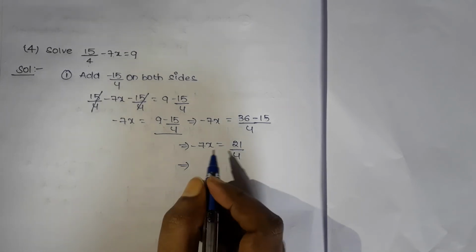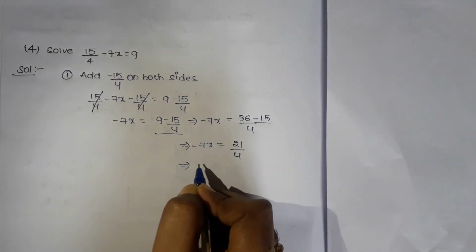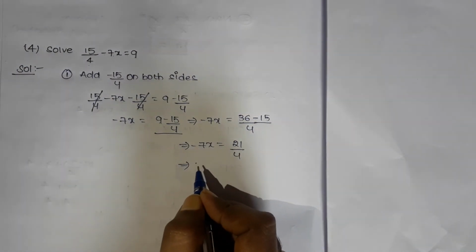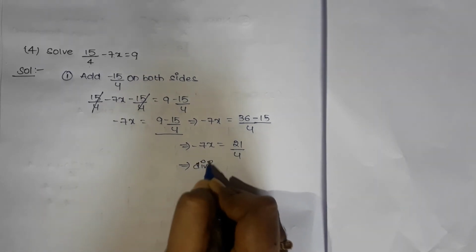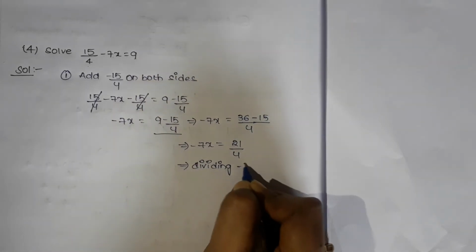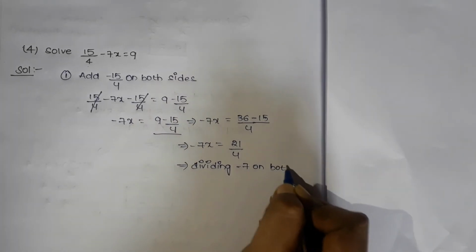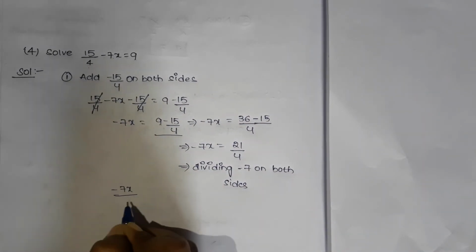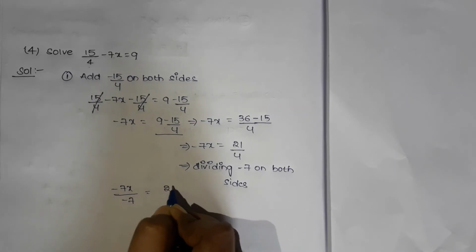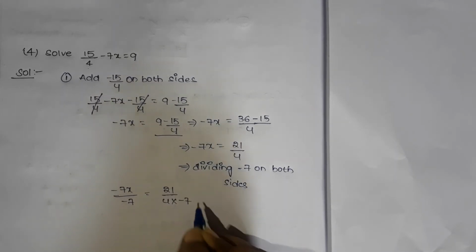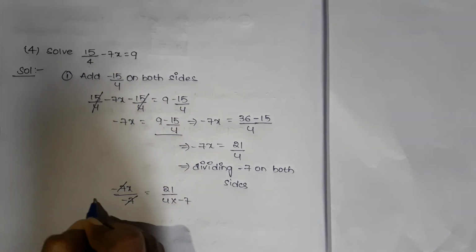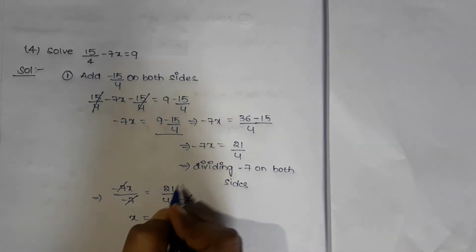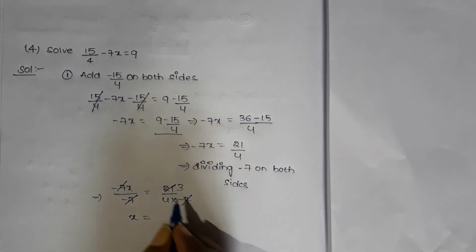That implies next step, dividing by minus 7 on both sides. That is minus 7x by minus 7 equals 21 by 4 into minus 7. Here minus 7 get cancelled. Now x equals, here 7 into 3, 21.